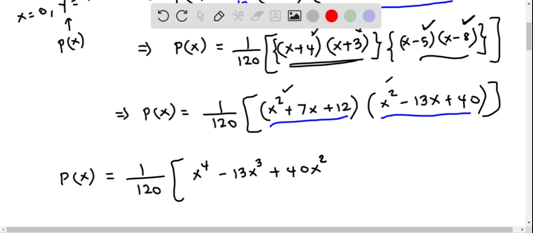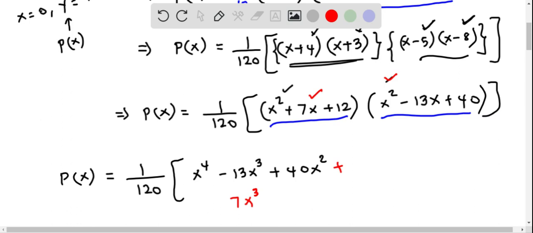Now I consider the 7x term, and I multiply it with all three terms in the second bracket. 7x times x squared is positive 7x cubed. I'm going to put this below the x cubed term, so that later when we add, it will be easier to add these like terms.